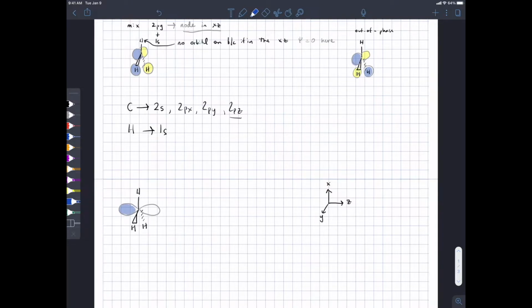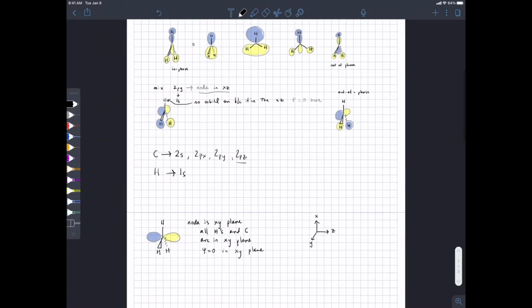And notice that it just so happens that the node of the 2pz orbital is the xy plane, and all the hydrogens and carbon are in the xy plane. So the wave function equals 0 in the xy plane. There can be no orbital density on either the hydrogens or the carbon in that case. All right.